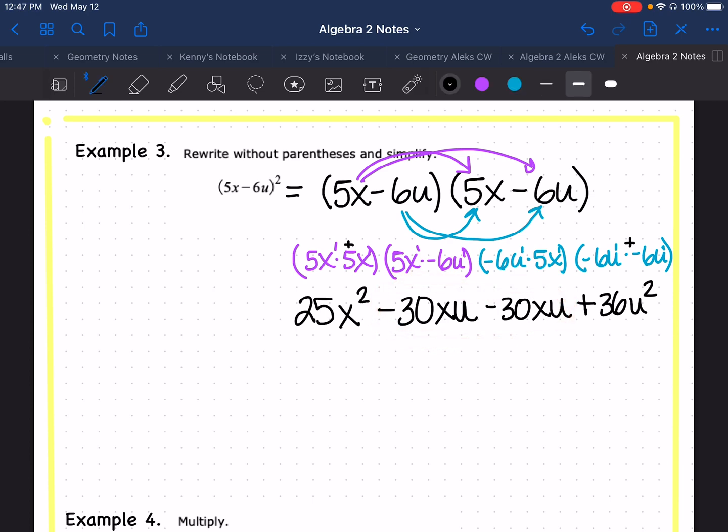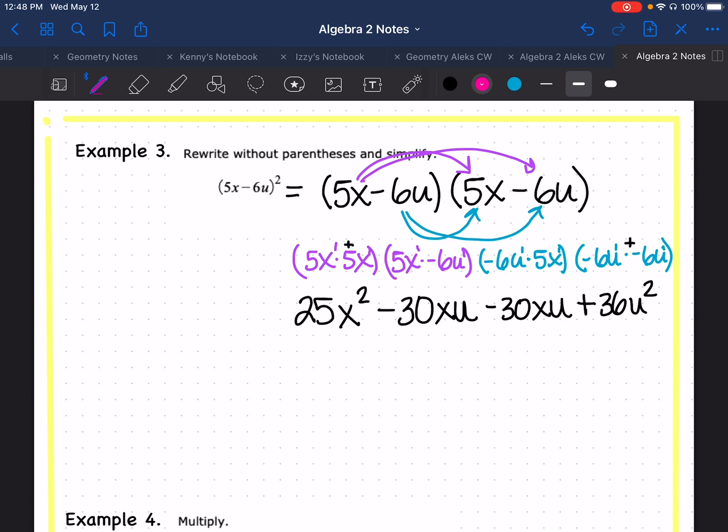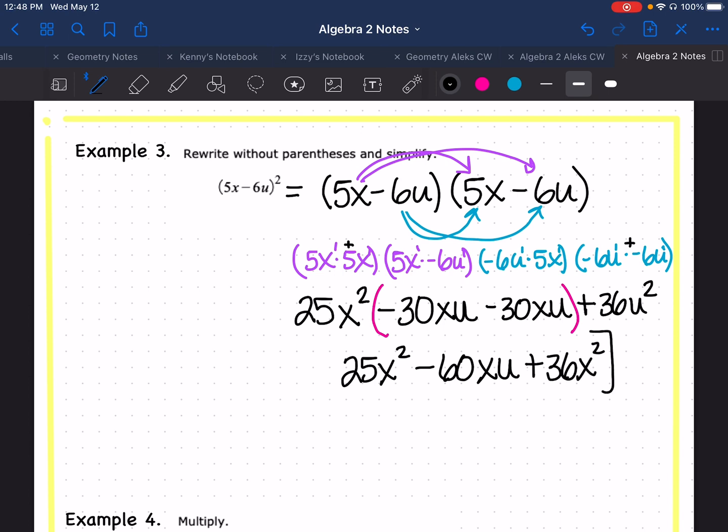They are like terms, and I can add those two together. So my final answer would be 25x squared, negative 30 plus negative 30 would be negative 60xu or ux, plus 36u squared. Okay, that would be my final answer.